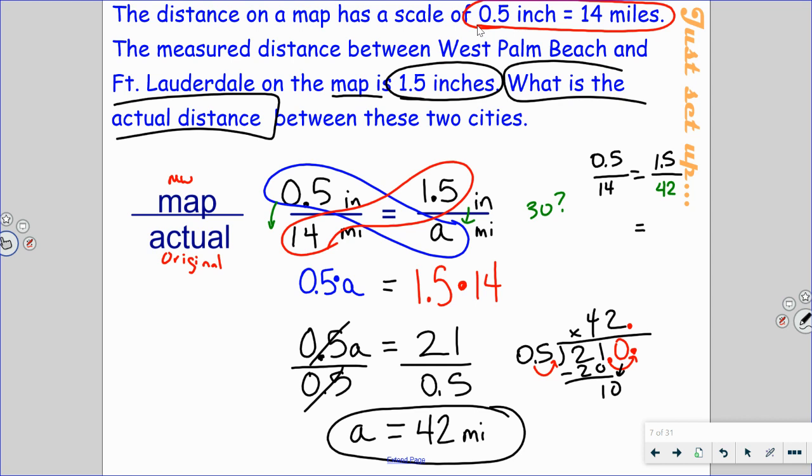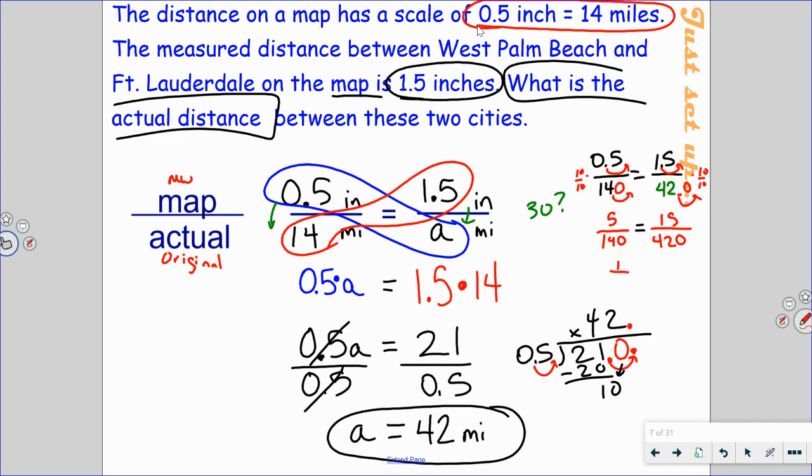Shoot, I'll even show you a different method. Change 1/2 to 5, change 14 to 140, change 1 5/10 to 15, change 42 to 420. So this is simply us multiplying numerator and denominator by 10. And guess what? Both of those are going to reduce to the same quantity.